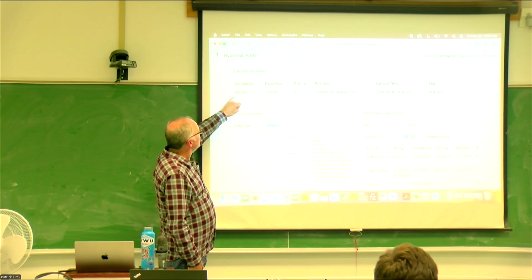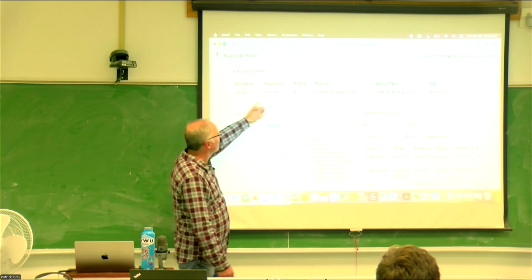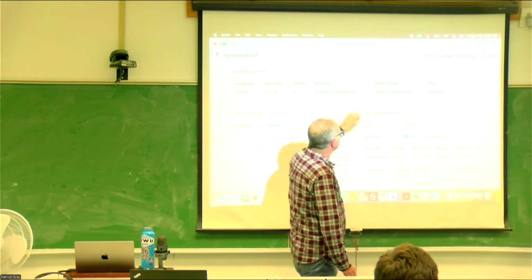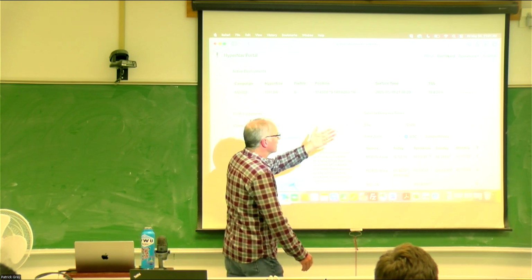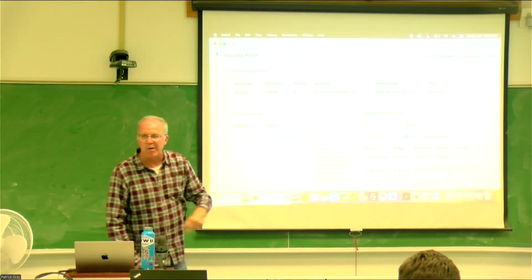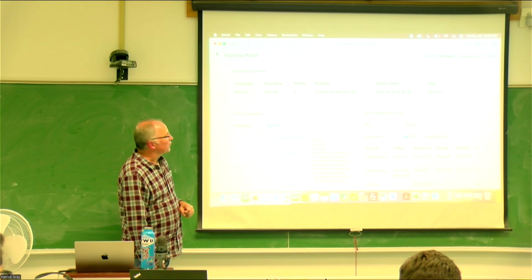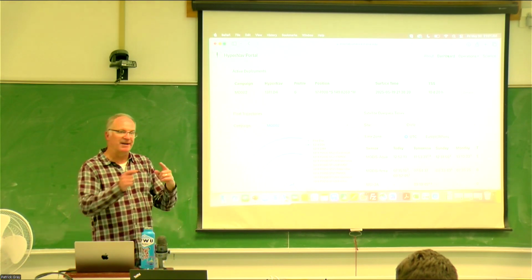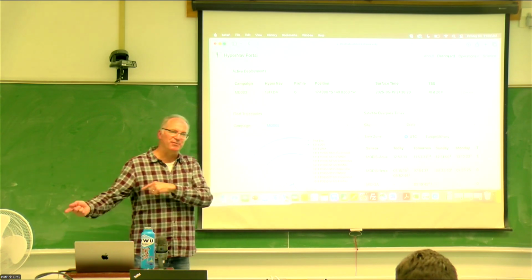It tells you the campaign, where we are, where this float is right now, its current position, and how old the data is since the last time to surface. This one came out of the water 10 days ago, so right now we don't have one in the water. This is why I'm leaving today, unfortunately, because I have to go to Hawaii to put one in the water.